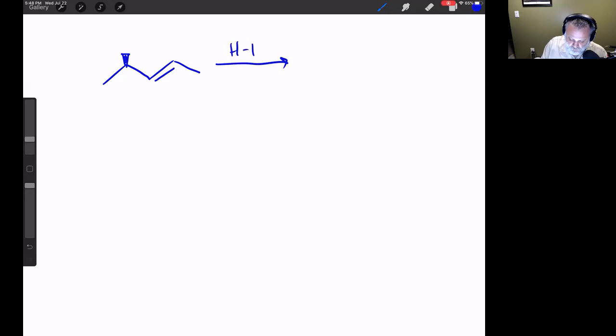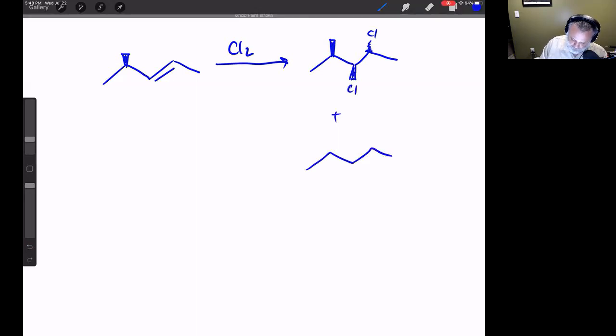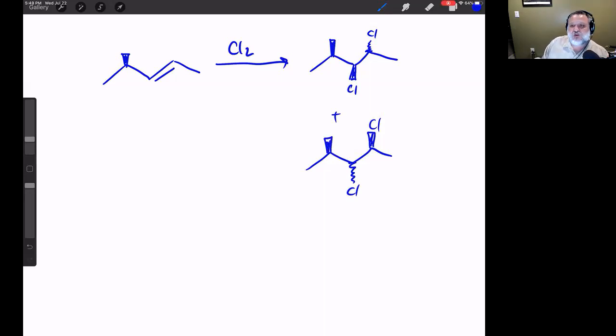What are the products? Well, you don't know this yet, but the products are this one, and this one. What is the relationship between these two things? Where the two chlorines are attached, the stereochemistry is reversed.